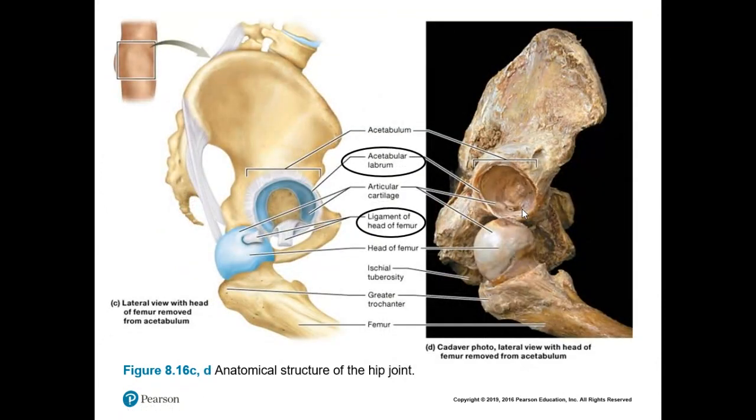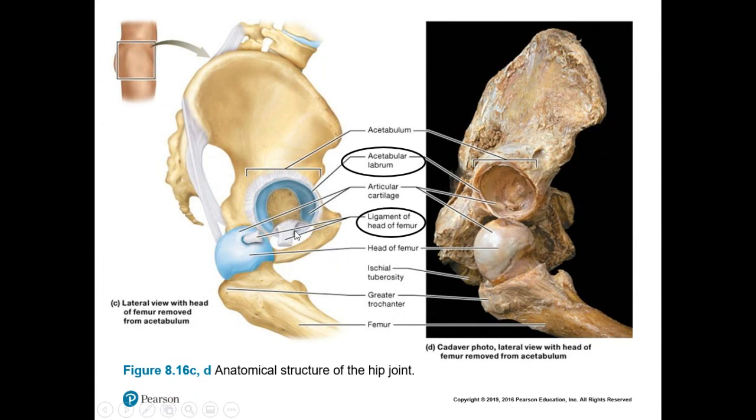Some other parts here, I've already talked about the acetabular labrum, which is that ring of cartilage that's important in stabilizing, protecting, reducing friction, and so on. The ligament of the head of the femur, which I think I already said, attaches to the actual head of the femur, medially, and puts it together to the acetabulum.